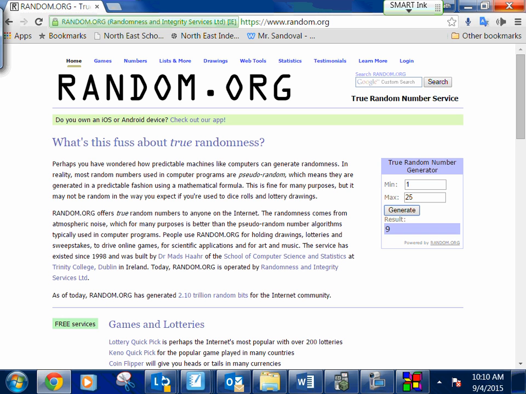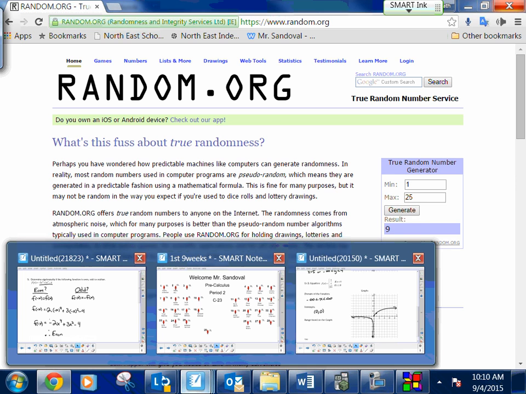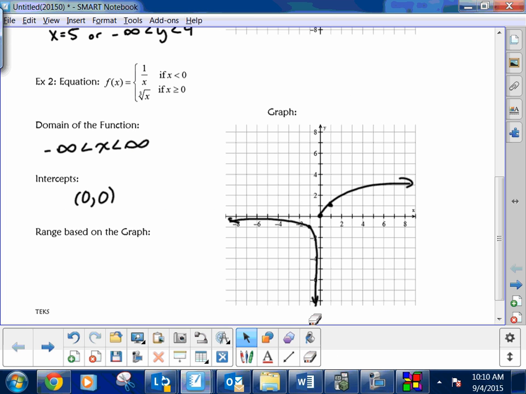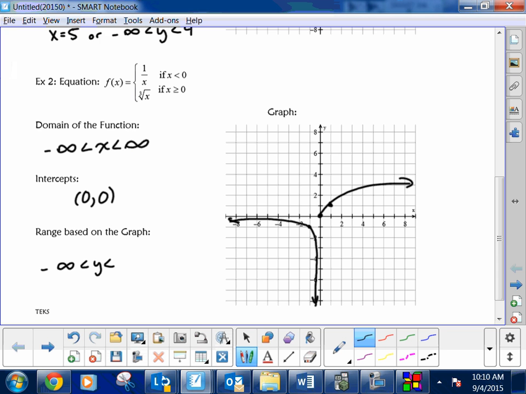Nine. Yeah, that's absolutely correct. It's also negative infinity to positive infinity for the range. So you have that as well as far as the range.